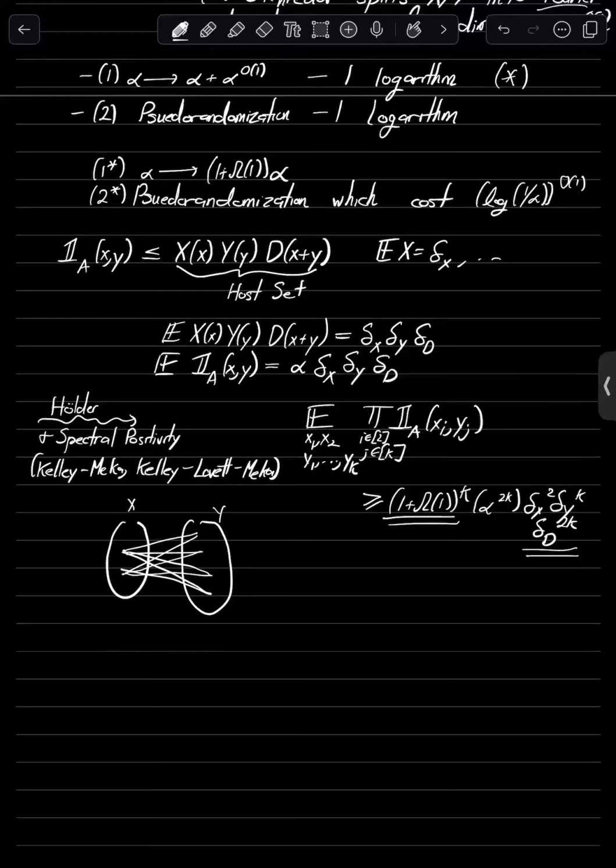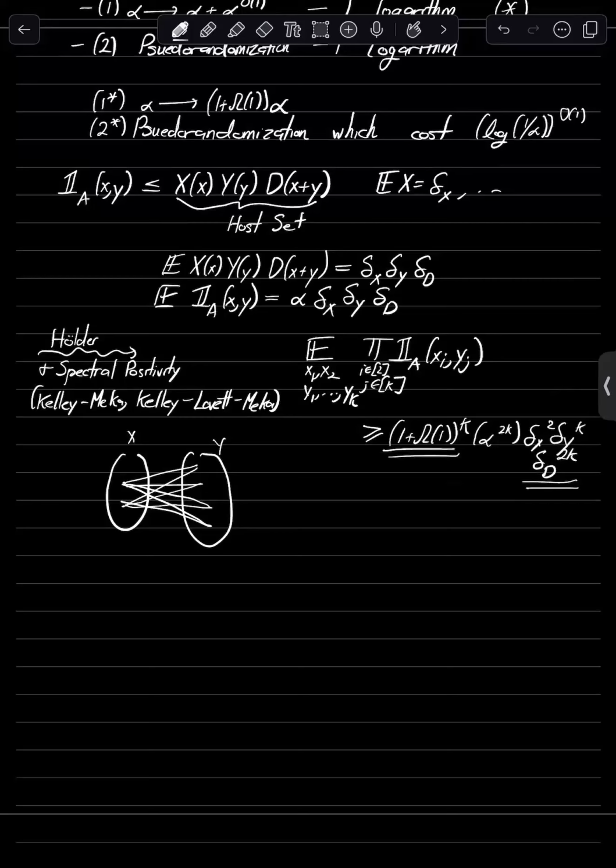But there's something quite strange about this graph. For normalization reasons, let me make this look a little bit prettier. In the above expression, I had x1 and x2 living inside F2 to the n.